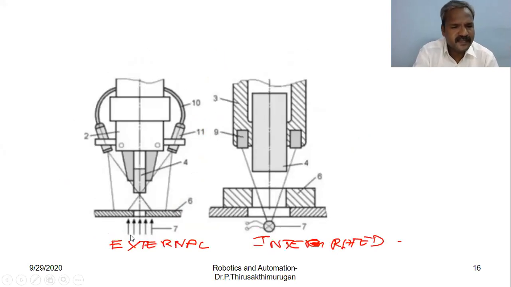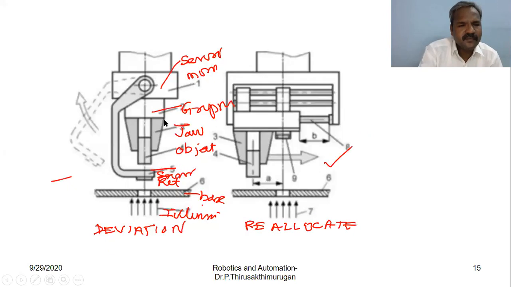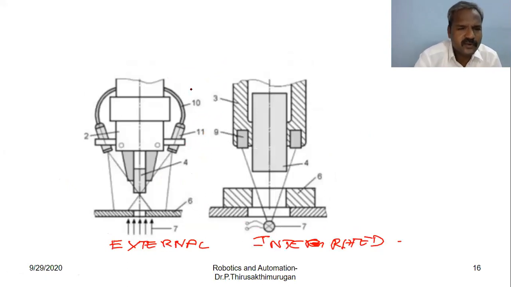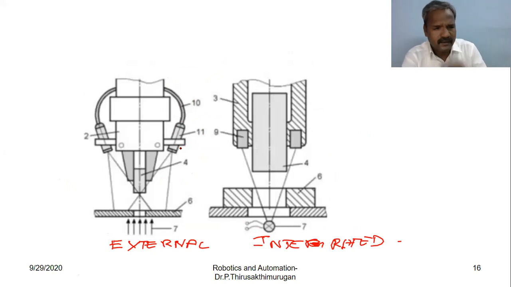Then in these external sensors here again, 2 is the gripper. You see here, same thing. So 2 is the gripper, 1 is the sensor mounting. Then your 11 is the integrated sensor.